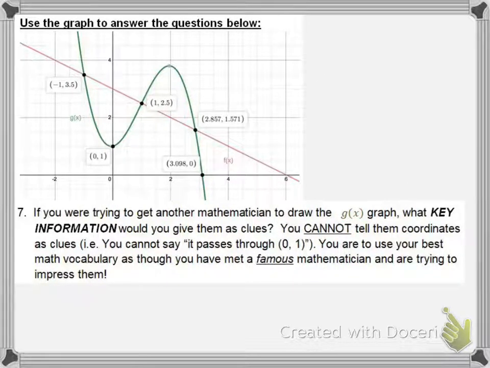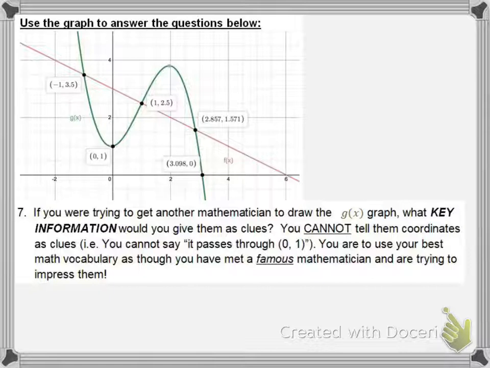Okay. Again, I can talk about x-intercepts and y-intercepts, but if I just say that this is a cubic, there are so many different things you could say about a cubic, so many different places a cubic could be. So I would want to tell them some things about where it's going.